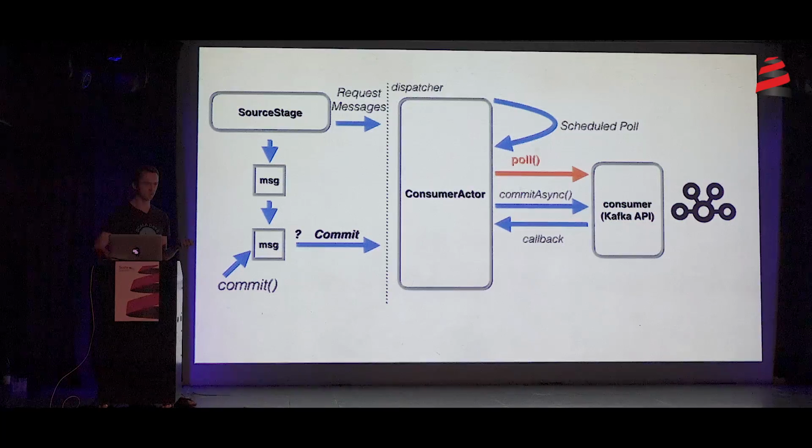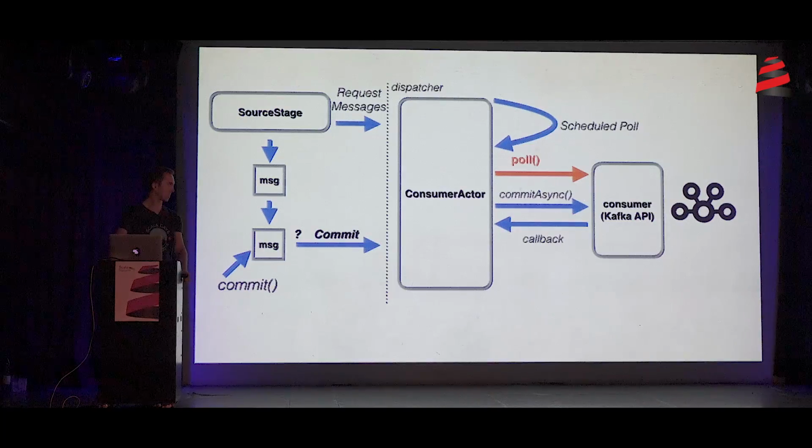And let's see how it's resolved underneath. To be precise, it's not commit, it's commitAsync that we use. It's a method on the Kafka API that requires providing a callback. And most developers don't like to deal with callbacks, especially in Scala, where we are used to using futures and async reactive APIs.